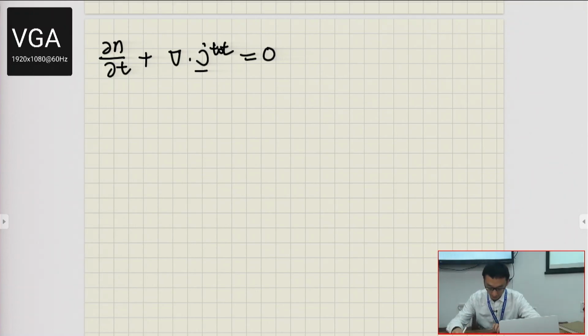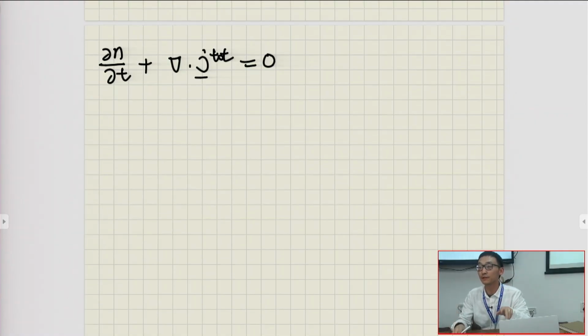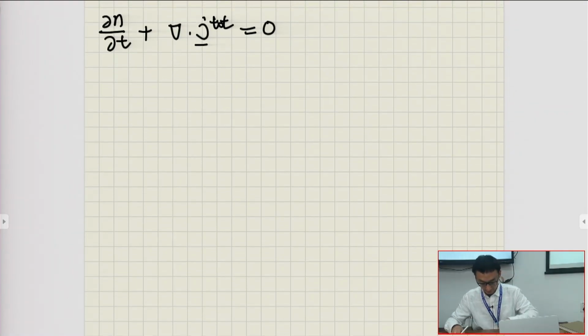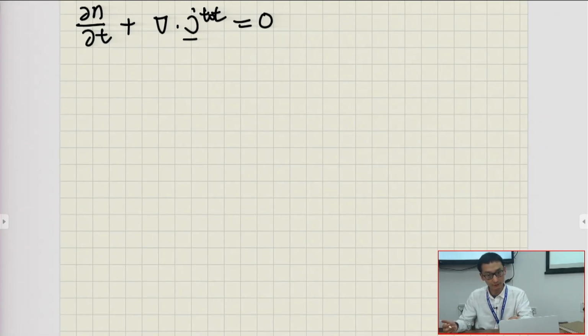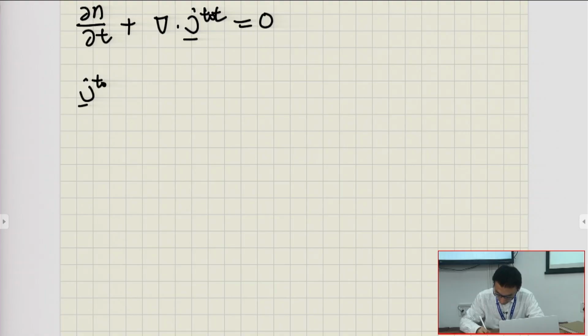Great. So we were looking at the number density of particles under the influence of gravity, right? And we said that we can write down the total flux in two components. One is the systematic drift due to the presence of the external force, and the other is due to diffusion.